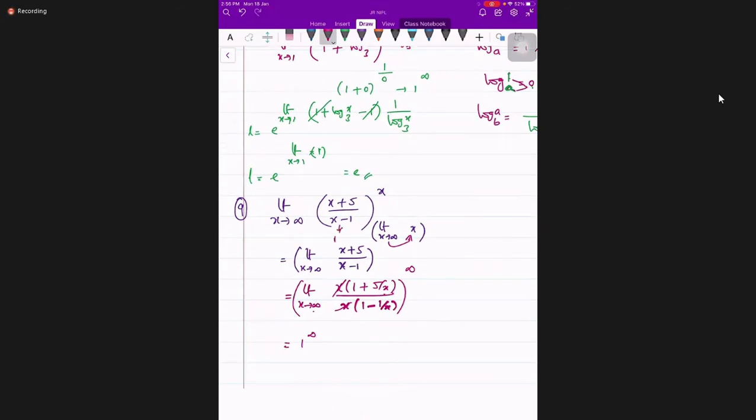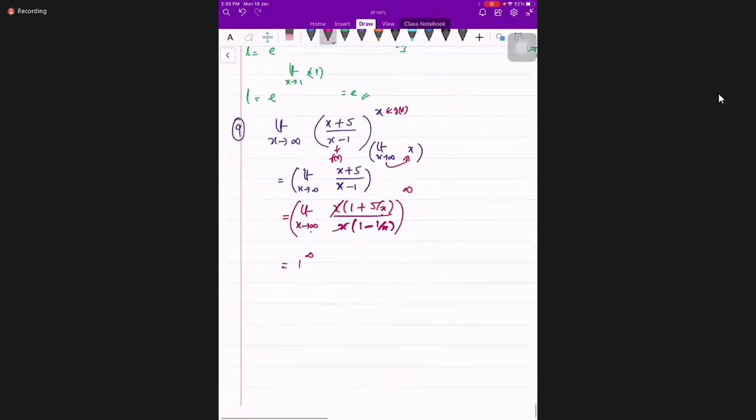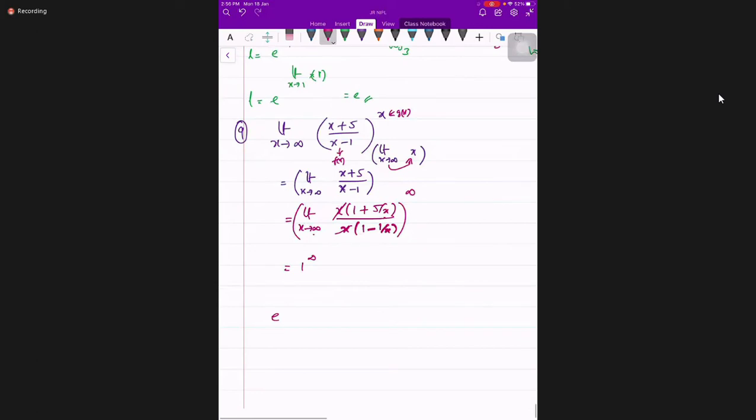It is an f of x and this is the g of x, and we have to follow the related formula now. So what is the formula related to this? E power limit x tends to infinity of f of x minus 1 into g of x. Students, all of you getting it or not? What is the f of x? What is g of x?